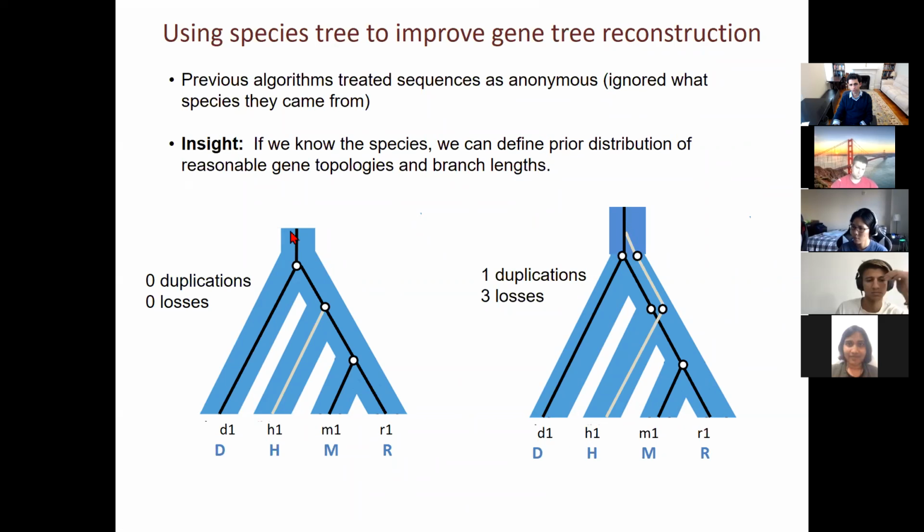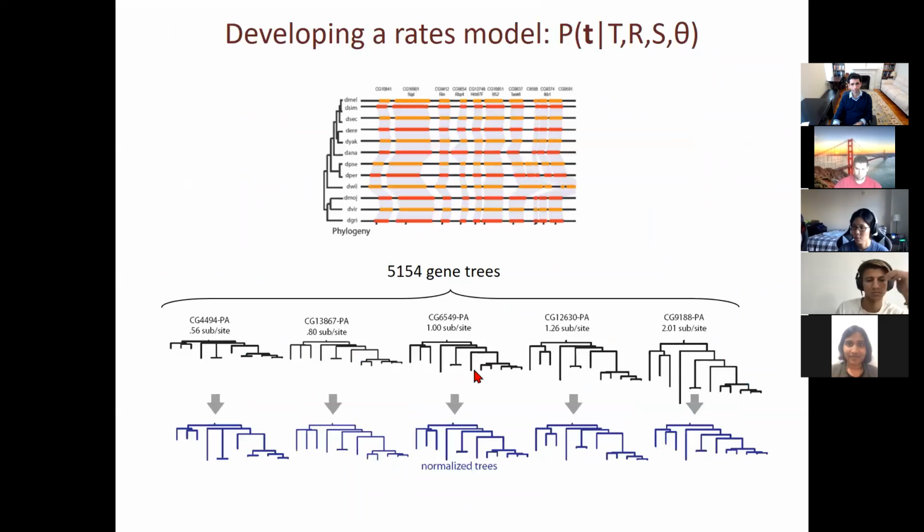If I have built 300 gene trees already, when I build my 301st gene tree, I can leverage the information from the previous 300 to basically say, well, I do expect the species to branch in this order. And I do expect the lengths of each of these branches to be roughly this proportion of each other, and so on and so forth.